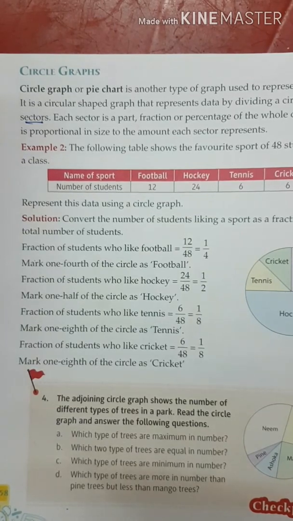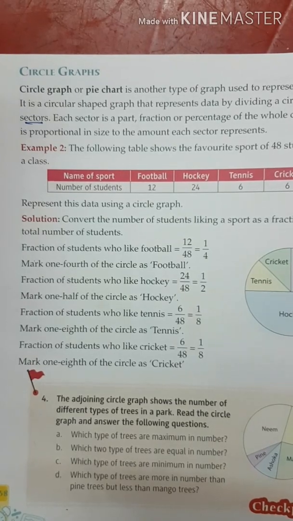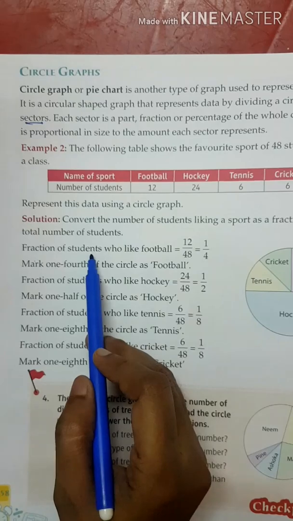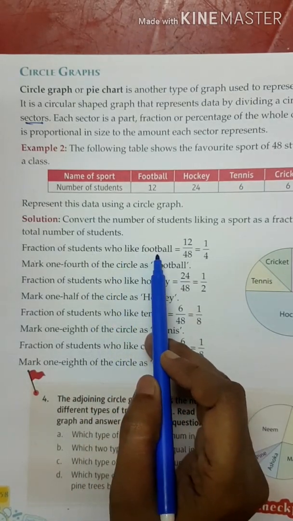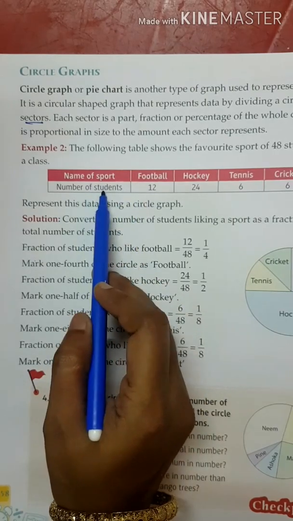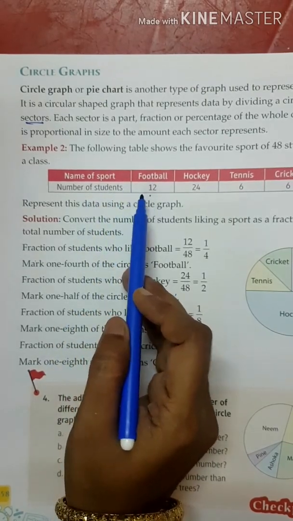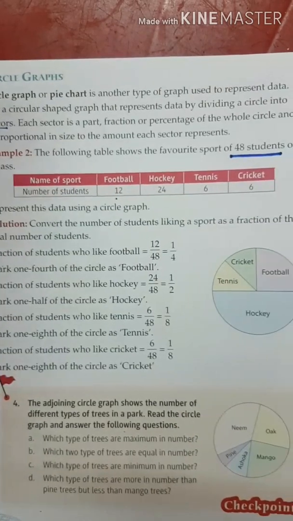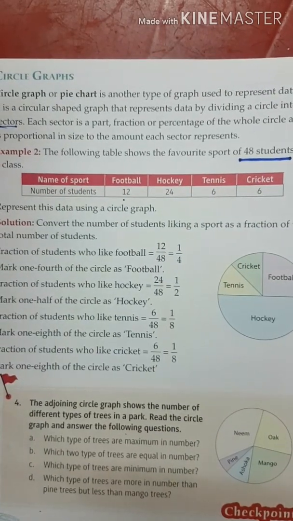Yes, then only we can easily divide the circle into parts. So, fraction of students who like football. Already they have given in the data, the number of students liking football is 12 and the total number of students is 48. That data also they have given, 48 students.